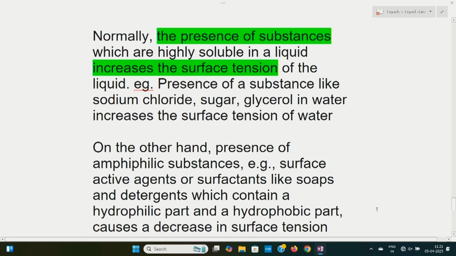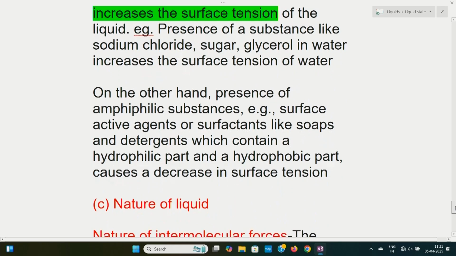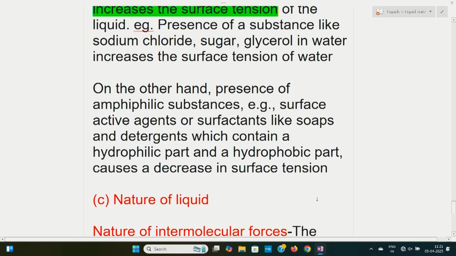If we have amphiphilic substances, then the surface tension will decrease, because we have already seen this in the cleansing action of surfactants. The surfactant has a hydrophilic part, and the hydrophilic part is attached to water, and it has a hydrophobic part that is attached to oil.